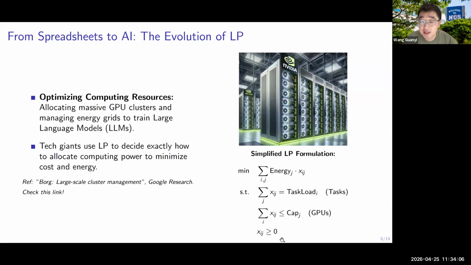We utilize the decision variable x_ij to denote how much of computation task i we send to the j-th GPU.